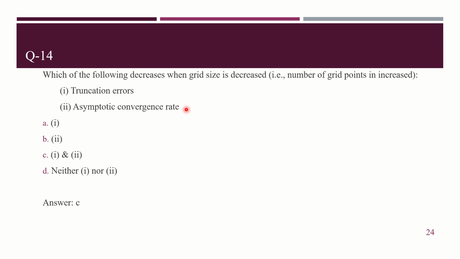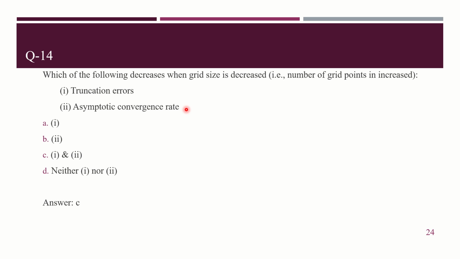Imagine if grid size is decreased, that is, delta x is decreased. Then those truncation error terms would also decrease obviously, because of delta x square and delta x cube. If delta x is large, those would be large. If delta x is small, those would be small as well. So since truncation error is directly proportional to delta x, decreasing the grid size and increasing the number of grid points decreases the truncation error, and the asymptotic convergence rate also would be decreased.